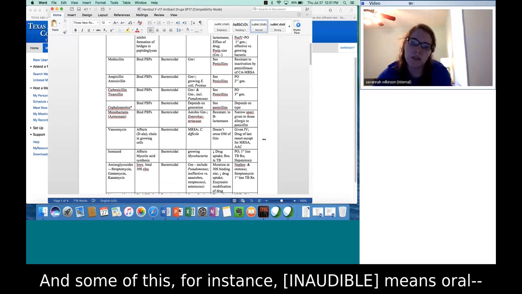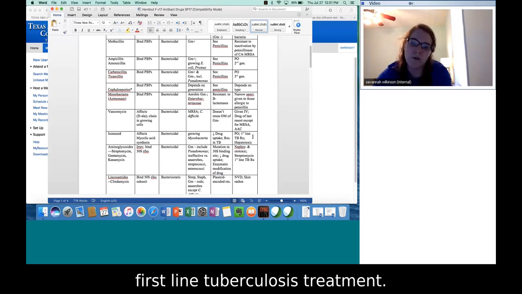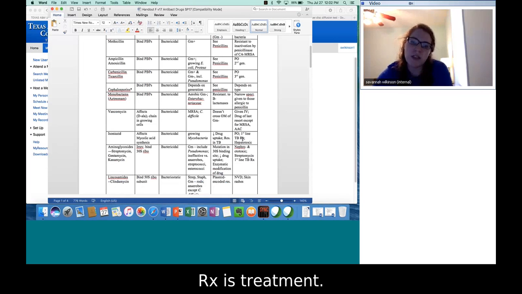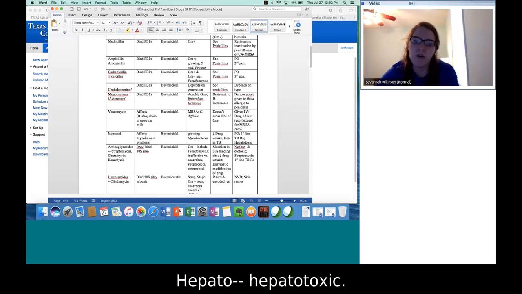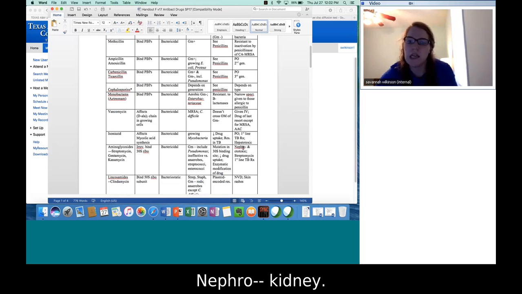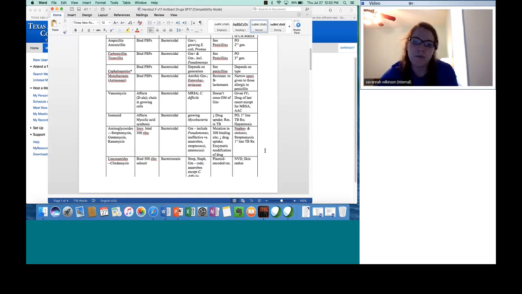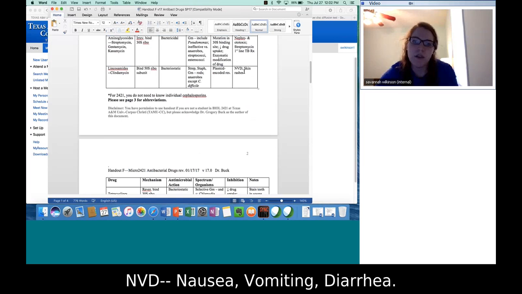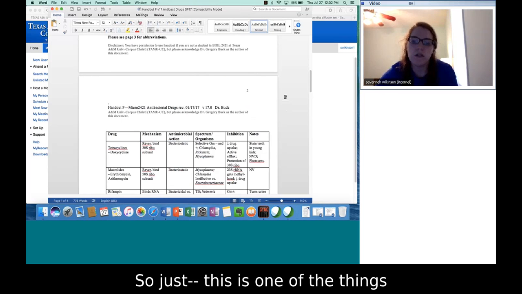And some of this, for instance, PO means oral, first line. Tuberculosis treatment, RX is treatment. Hepatotoxic, hepato means liver, so toxic for the liver. Nephro, kidney. NVD, nausea, vomiting, diarrhea.